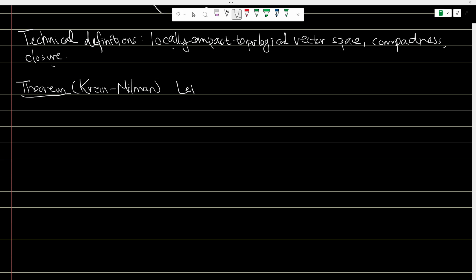Let X be a locally compact topological vector space, and C subset X compact and convex.